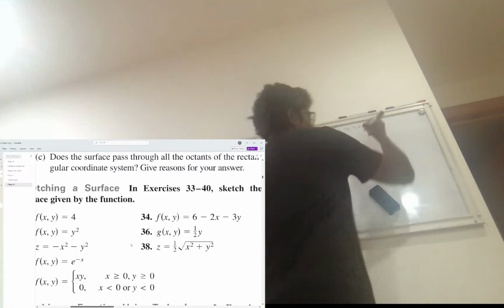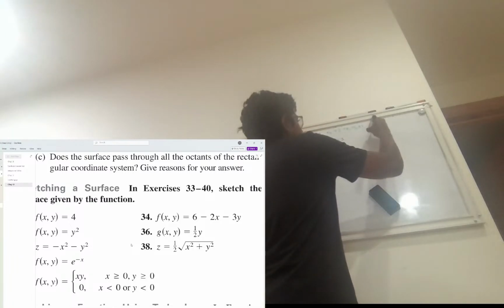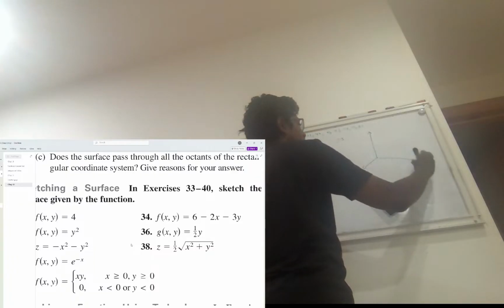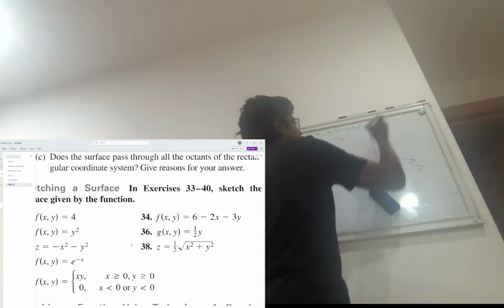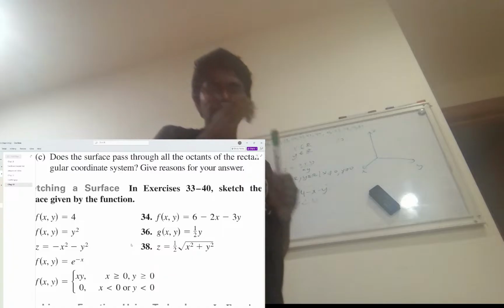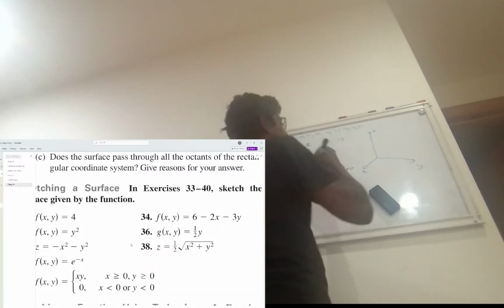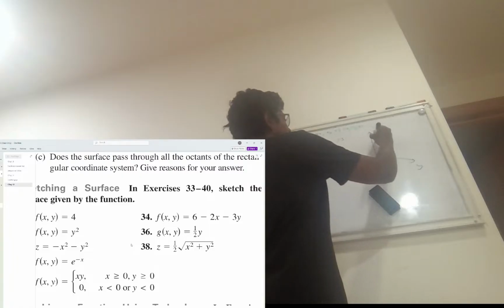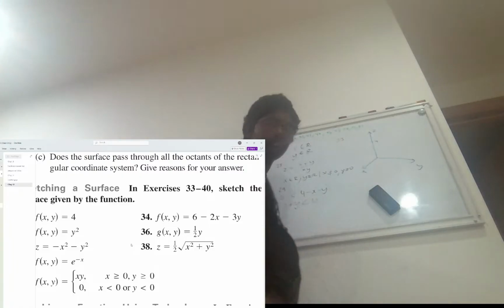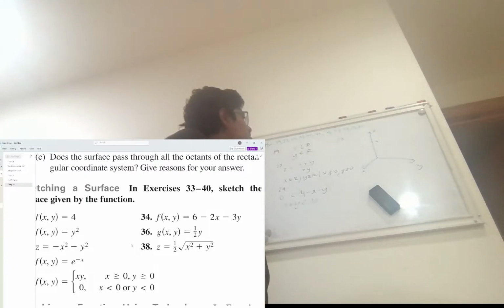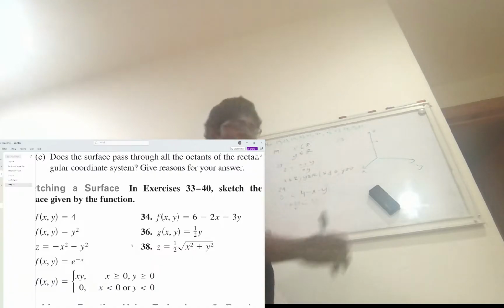Wait, it's multivariable, so there's at least guaranteed to be 3 axes, x, y, and z, where z equals f of x, y. Wait, z equals 4, right? It's just all the values of x and y. So it's not just a plane centered at 4.